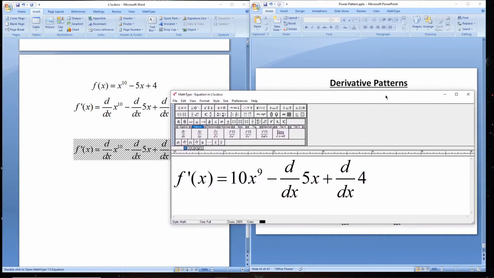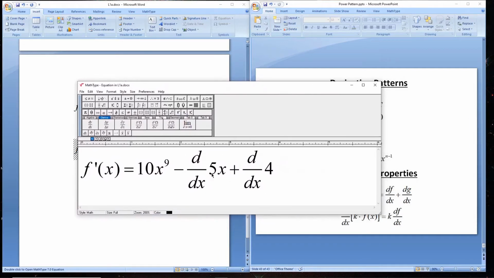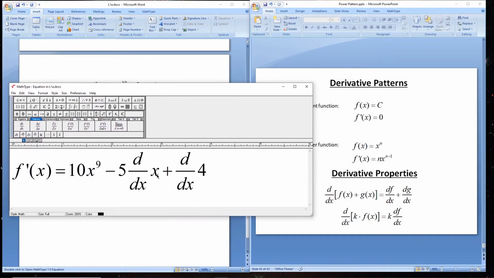So what does that mean for the problem we're working here? Well, we're taking the derivative of 5 times x. 5 is a constant factor, and we can pull it out of the derivative. And what is the derivative of x?